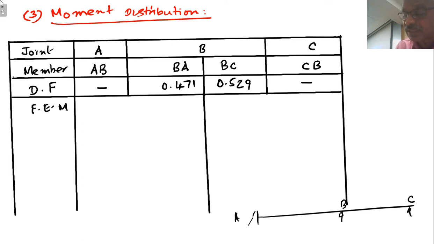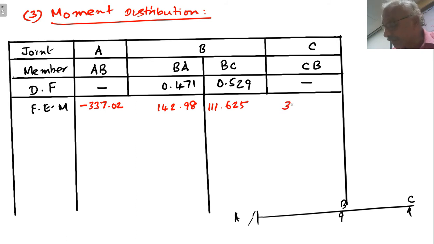The fixed end moments are minus 337.02, this is MFAB, this is 142.98, this is 111.625, and this is 324.965. Right, so that is about the fixed end moments.